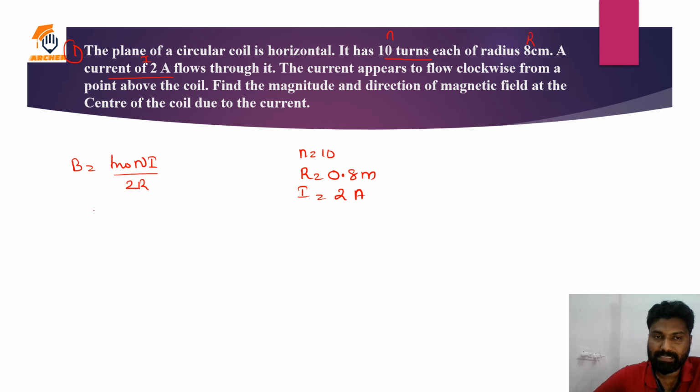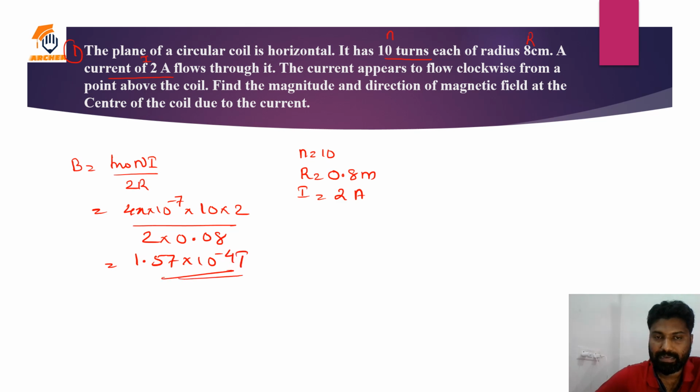So we can substitute directly: 4 pi into 10 raised to minus 7 into N is 10 into I is 2 ampere divided by 2 into 0.08. So the final answer will be 1.57 into 10 raised to minus 4 Tesla.